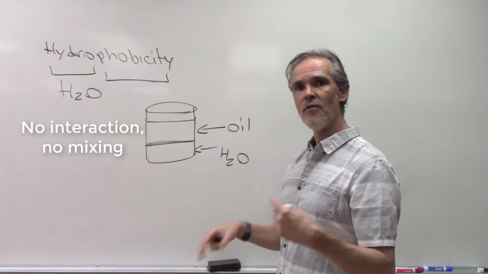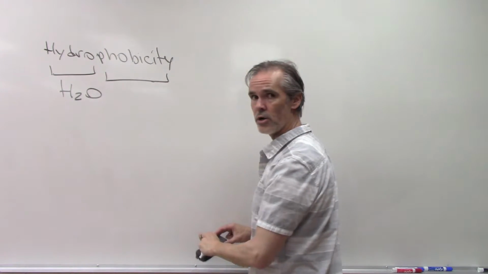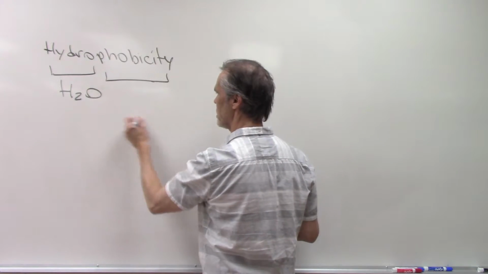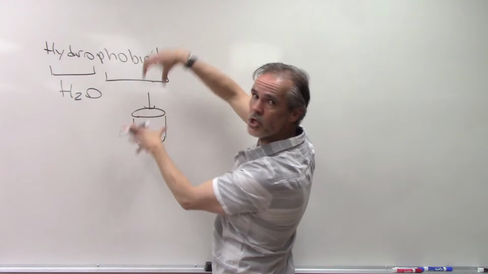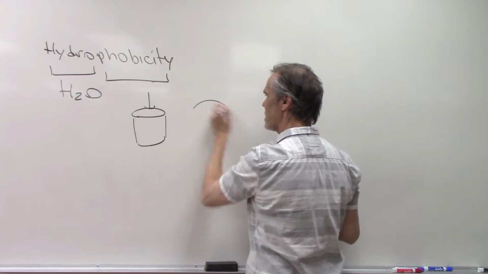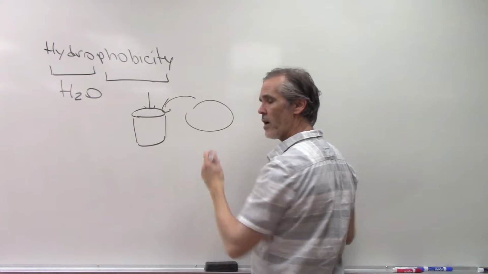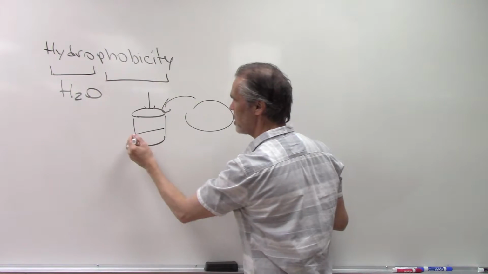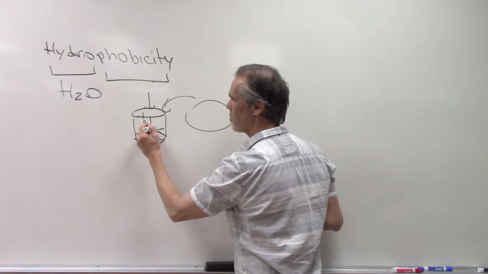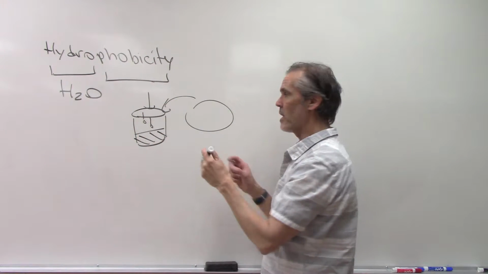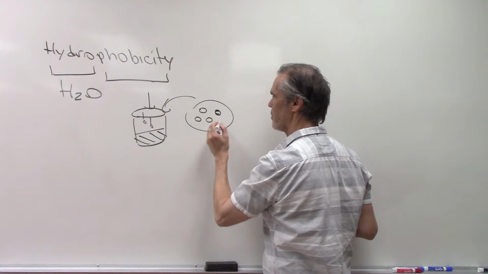Now, if you have only a few drops of oil in a glass of water, let's look at the same beaker from the top. If I have water at the bottom and I add only a few drops of oil on top of that water, this oil is going to form droplets right there.